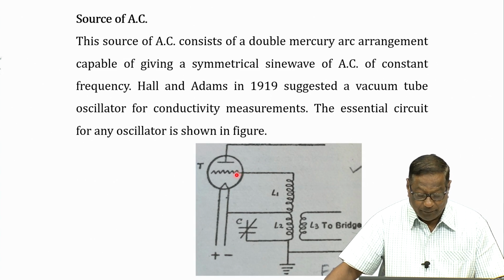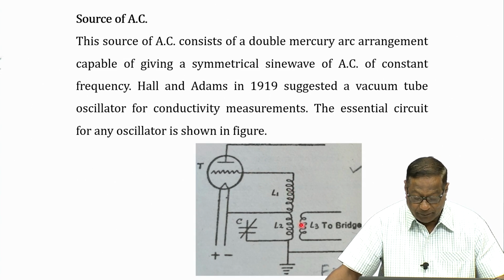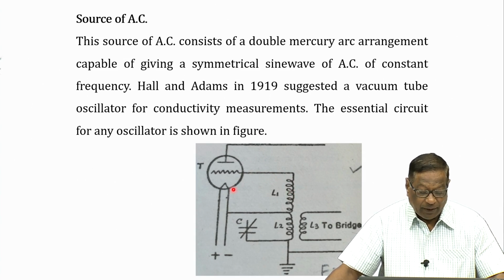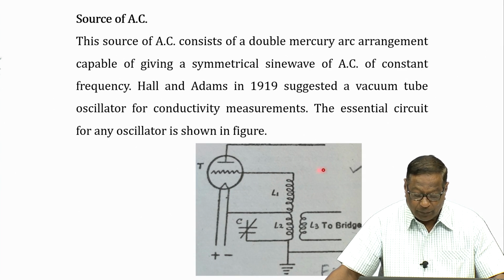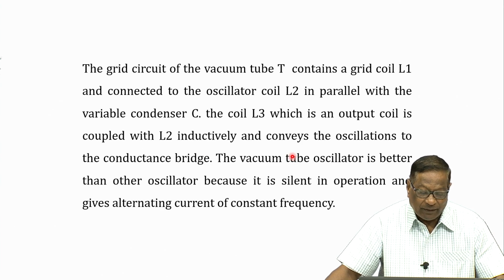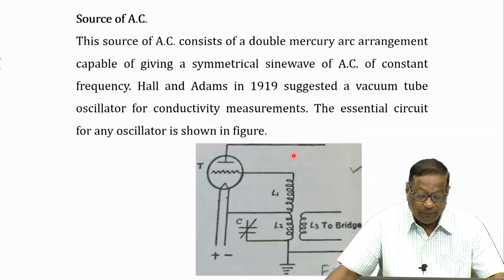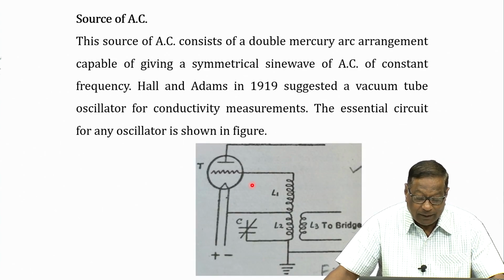So, very simple circuit. These are all connect coils and vacuum tube. This is known as vacuum tube oscillator if you have all these electrical units. So, the grid circuit of the vacuum tube contains a grid coil L1 I have written here.